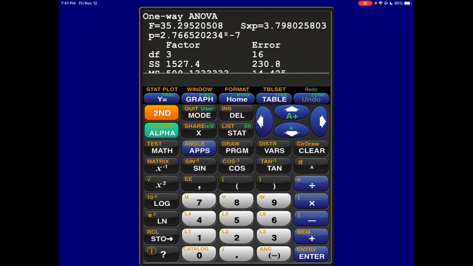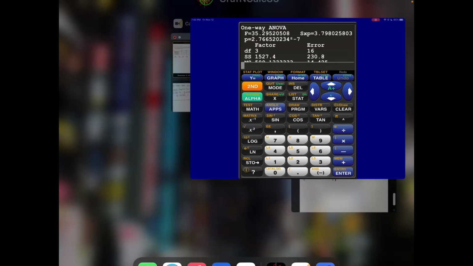We've got F, which is our test statistic. That's 35.295. The p-value, that's the lowercase p that's sitting there, 2.76652. But don't forget, look all the way at the right, and you'll see there's an E -7. So let's go write that down.